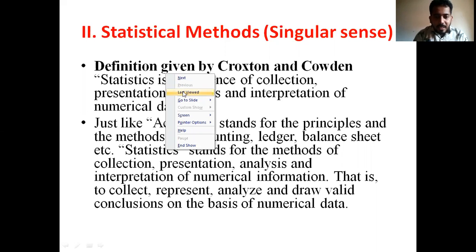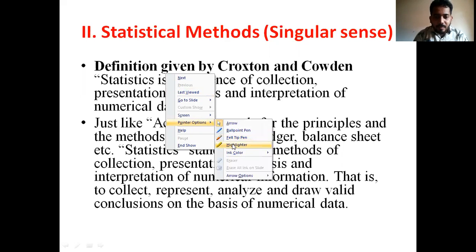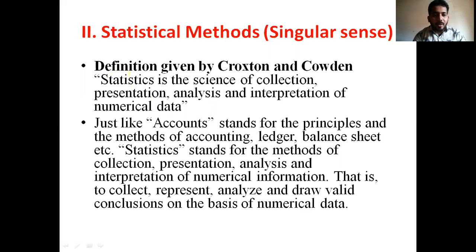Just wait, students. Let me highlight. Okay. Now, according to Croxton, statistics is the science of collection, presentation, analysis, and interpretation of numerical data. Now, statistics means it is a science. What is science?